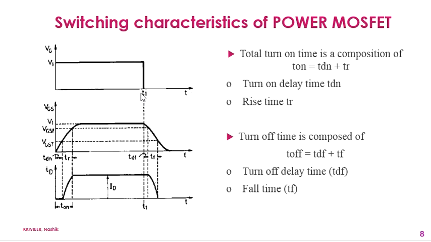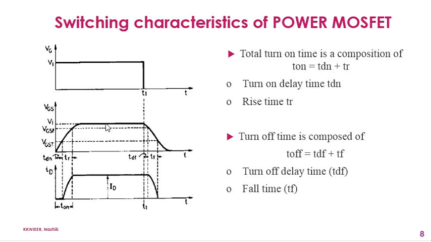So turn off time is nothing but the combination of turn off delay time and fall time. So what is turn off delay time? The time during which the input capacitance has to be discharged from V1 to VGSP.